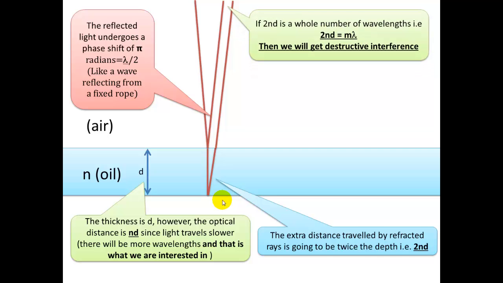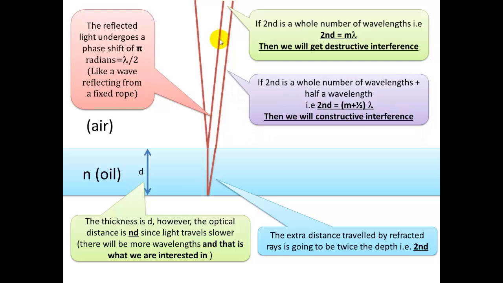Now if 2nd is a whole number of wavelengths, i.e. 2nd is equal to m times lambda, then we will get destructive interference. Remember that the first ray, which is reflected from the surface, has undergone a phase shift of pi radians, or lambda over 2 already. So you're going to get a crest meeting a trough effectively, so you'll get destructive interference.